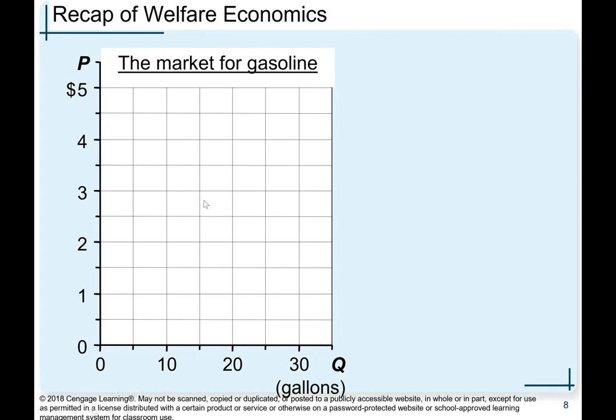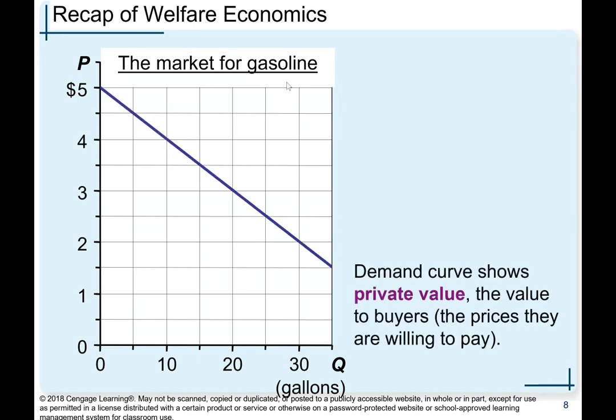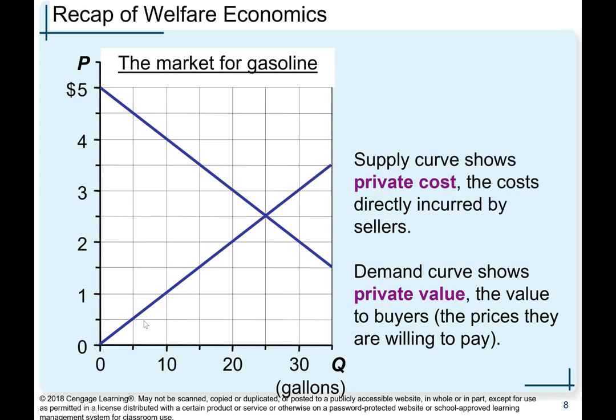Recap of welfare economics, the market for gasoline. So that is a demand curve that shows private value, the value to buyers, the price that buyers are willing to pay. Remember, demand curve reflects the consumer's willingness to pay. Supply curve is supplier's willingness to sell. Supply curve shows the private cost, the cost directly incurred by sellers.